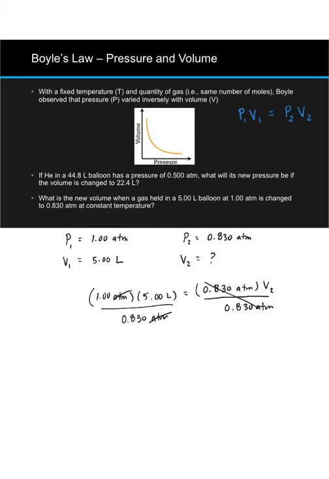And we should come up with a new volume of 6.02 liters. This volume is larger than the original volume of 5 liters that the gas in this balloon occupied. Just like we'd anticipated, our volume has increased as our pressure decreased.